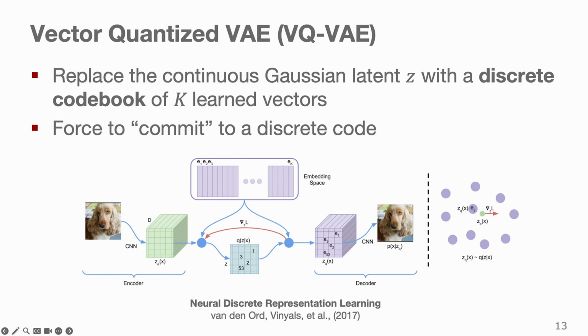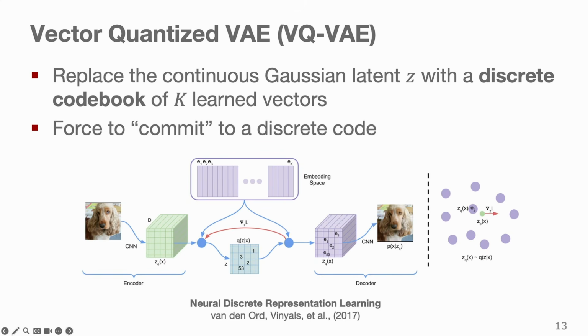Instead, we perform a nearest neighbor lookup. We find the vector in our codebook that is closest to it, and then pass that discrete code to the decoder. The encoder now is forced to commit to one discrete code rather than producing a Gaussian distribution, and this eliminates the posterior collapse we just mentioned before.